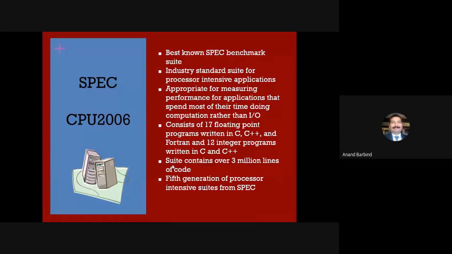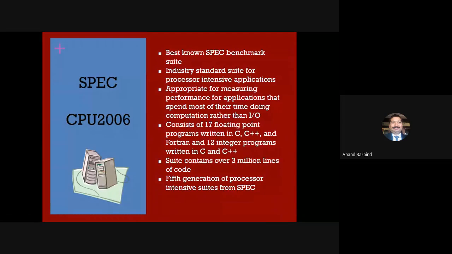The suite contains over 3 million lines of code, so these are large programs. These are used for the fifth generation processor intensive suites from SPEC. So these are the characteristics of this particular suite, SPEC CPU 2006.